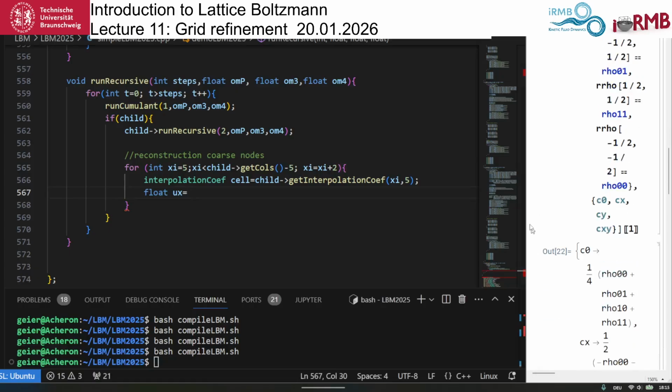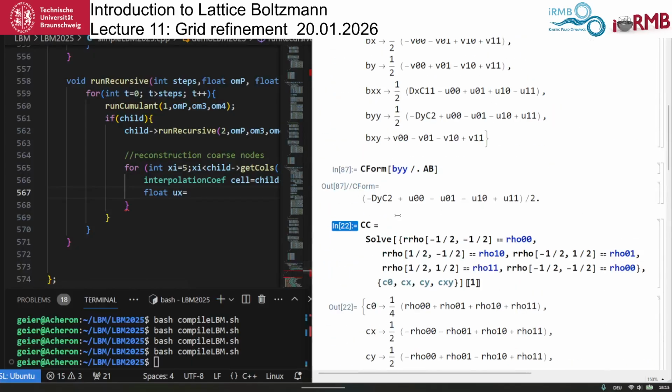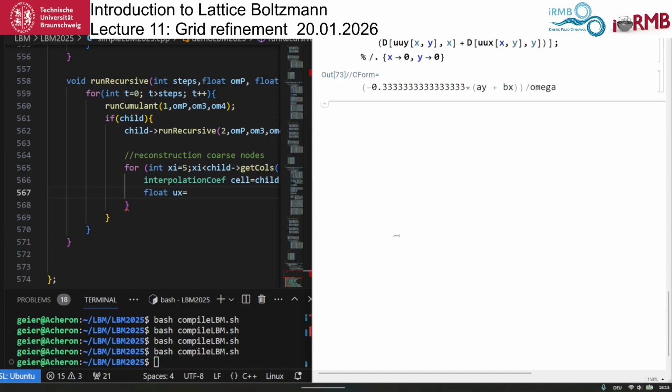Basically we can go here again to Mathematica and see the following. We have ux of 0 and 0. This gives us, so this is pretty simple.